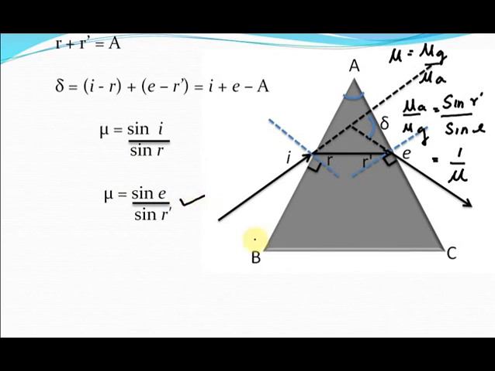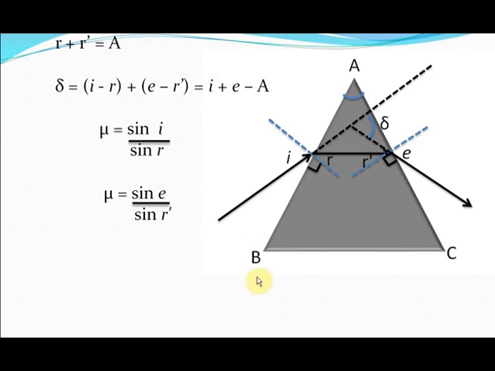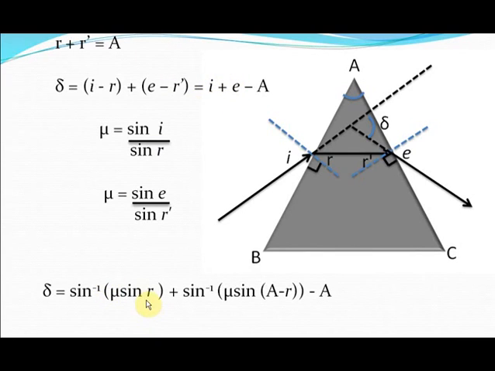Now we've written so many formulae. What are we going to do with them? Let's substitute the values of I and r dash in this expression. So you see, we can write I as sine inverse of mu sin r, right? Similarly, we can write E as sine inverse of mu sin (A minus r).